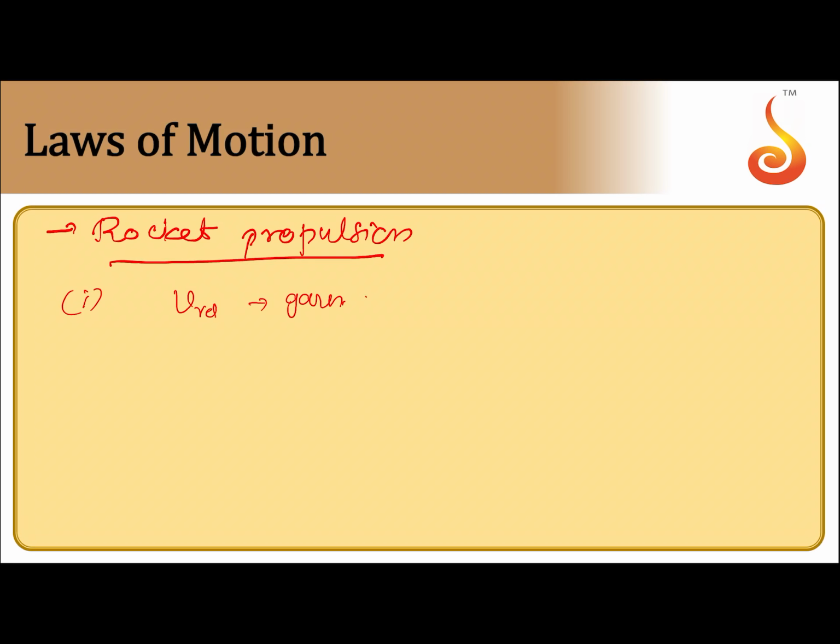So this is the velocity of the gas with respect to the rocket. Then Newton's second law tells us that external force plus v relative into dm by dt is m into a, right? And this v relative into dm by dt is the reaction force exerted by the ejected gases on the rocket, and this is many a times referred to as thrust. So if the question is about thrust, then you will be calculating v relative into dm by dt.